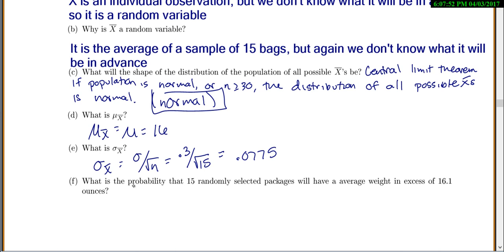And F, let's see, what is the probability that 15 randomly selected packages will have an average weight in excess of 16.1 ounces? So we're looking for the probability that X bar is at least 16.1. It actually says in excess, so a greater than.